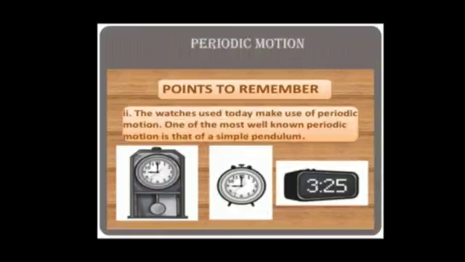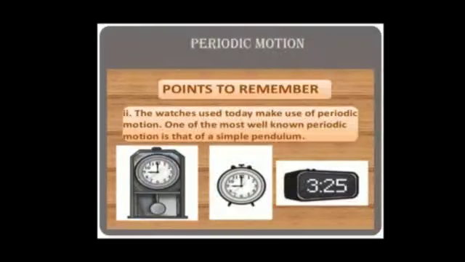Often we need to measure intervals of time which are much shorter than a day. Clocks or watches are perhaps the most common time measuring devices. The working of clocks is rather complex, but all of them make use of some periodic motion.